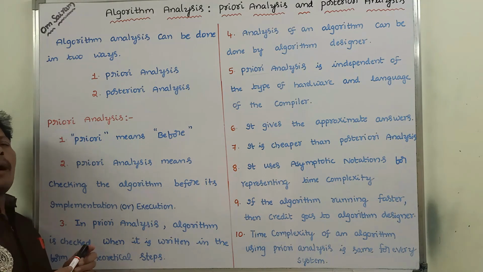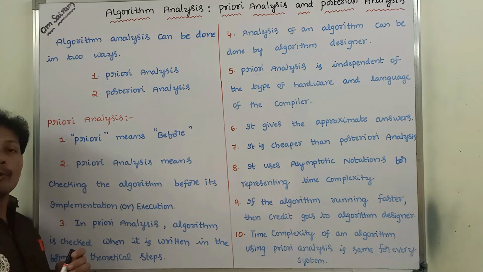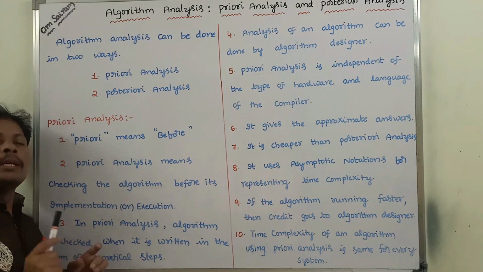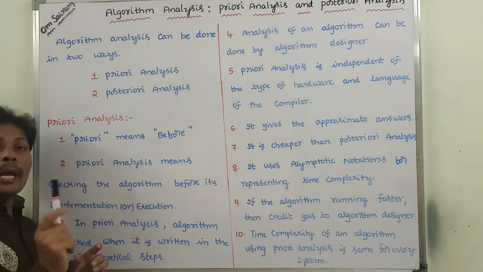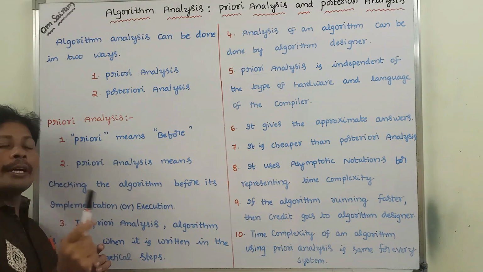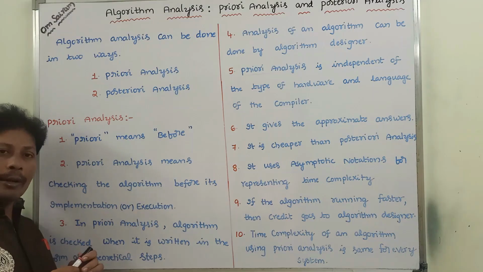Next, priori analysis uses asymptotic notations for representing the time complexity of an algorithm. Time complexity is nothing but how much time it takes for executing the algorithm.